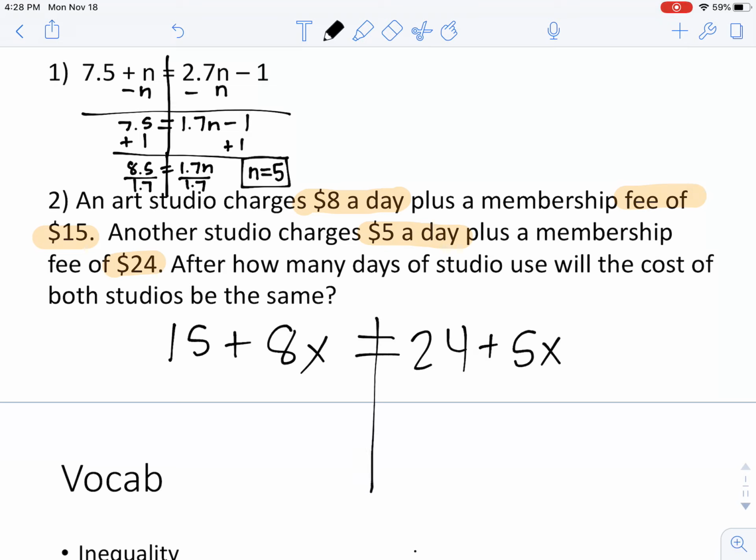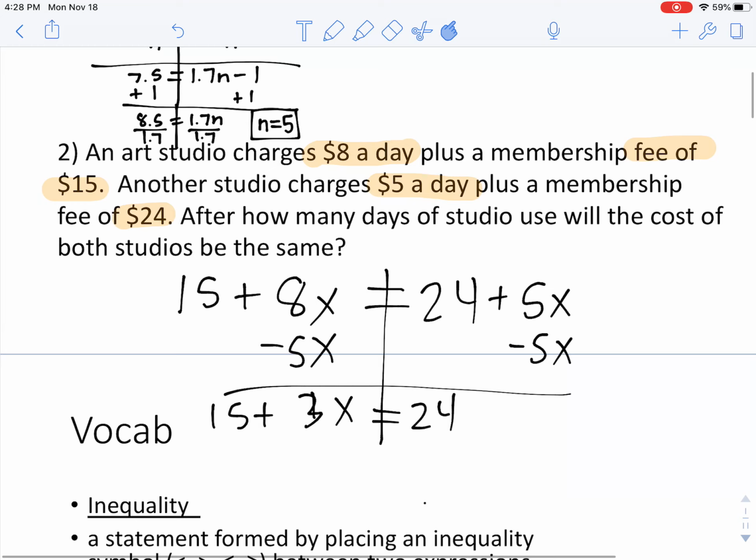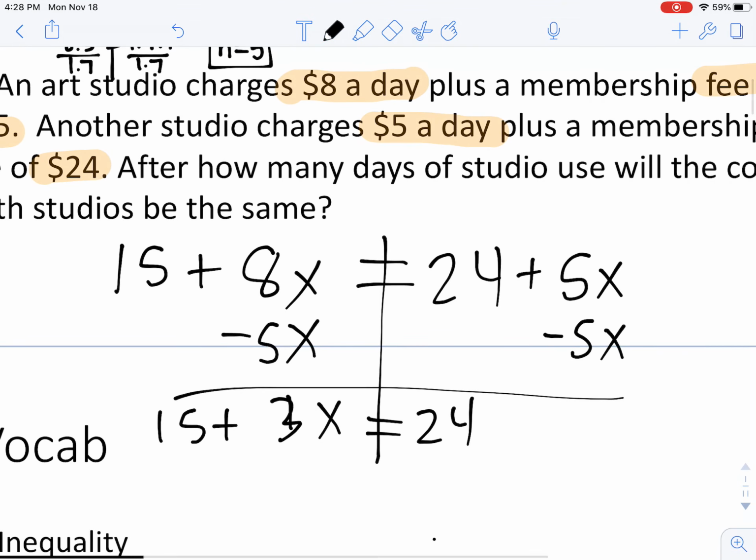You're then going to get all the x's to one side, so I'm going to subtract 5x from both sides. I'm going to get 15 plus 3x equals 24. I'm then trying to get x by itself, so I'm going to subtract 15 from both sides.